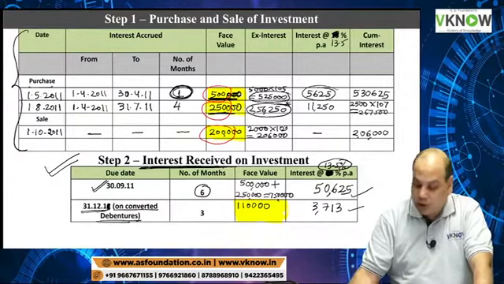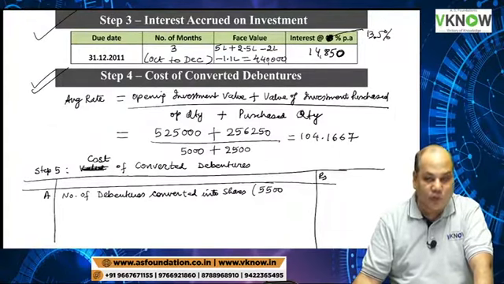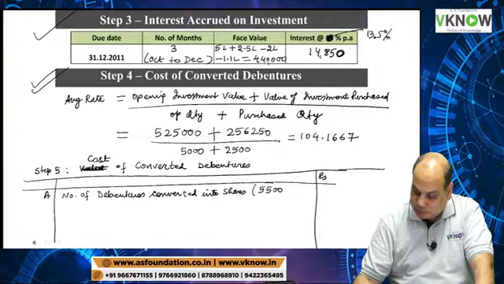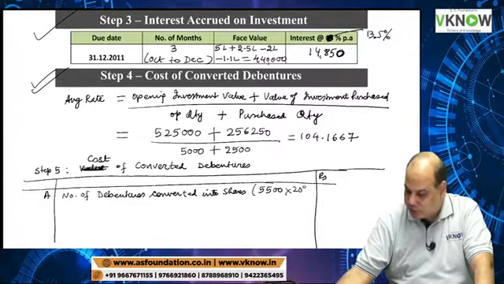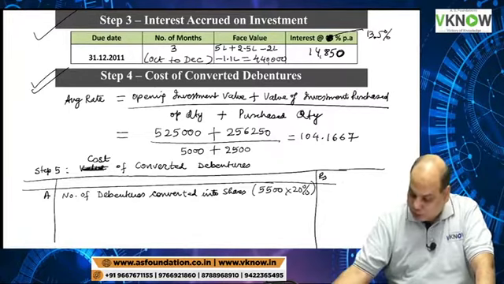Before conversion, we had 5,500 debentures, and out of that 20% will be converted. So I will take 1100 debentures.